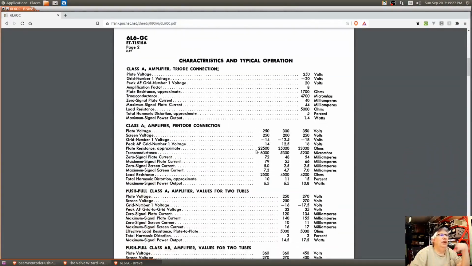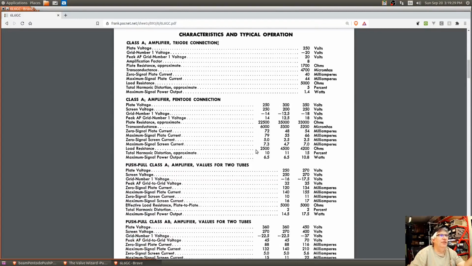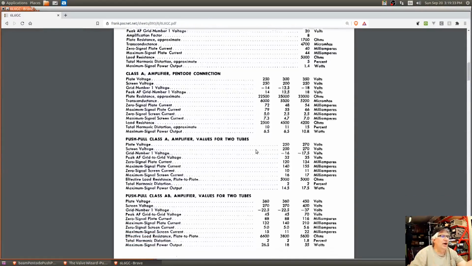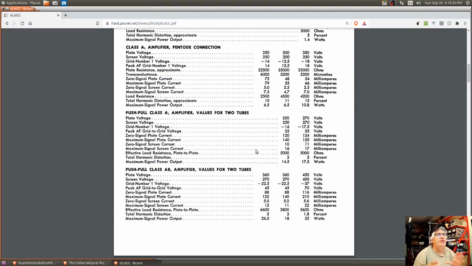And then down here, on page 2, you have different amplifier characteristics, or suggested values. Let's go back in time and look at the mindset of the engineers back when they were actually designing tube amplifiers. The reason General Electric gives these tables out is to give engineers a starting point for their designs.